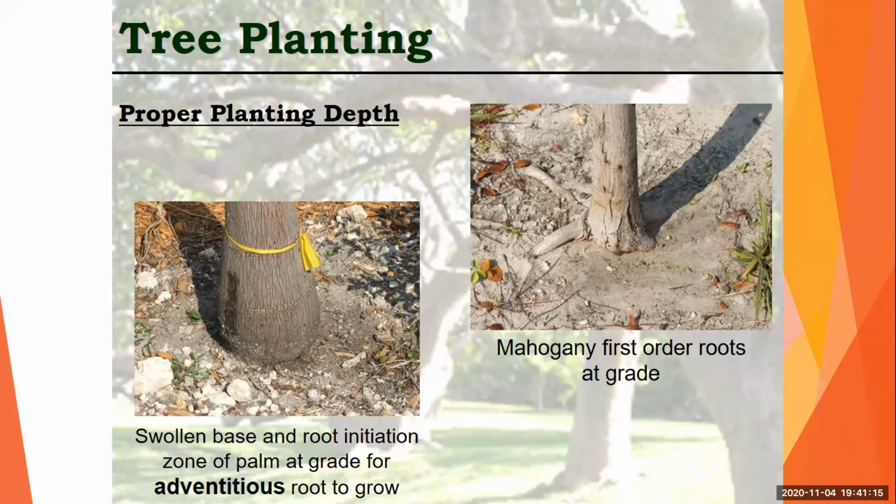Those roots are called adventitious roots. The palm is able to produce roots from some growing points, and this is the difference between the palm and the tree. So the palms are going to produce a lot of adventitious roots, the trees not.